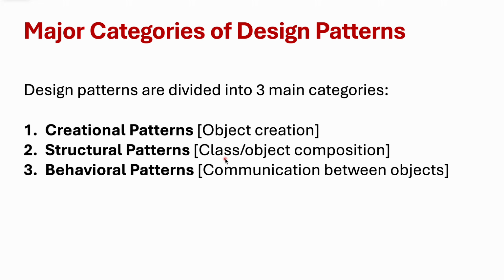And then behavioral patterns deal with how the objects will communicate with each other. Under each category there are a lot of system design patterns. We'll discuss each one of them in detail in future videos. For now, let's focus on these three main categories.